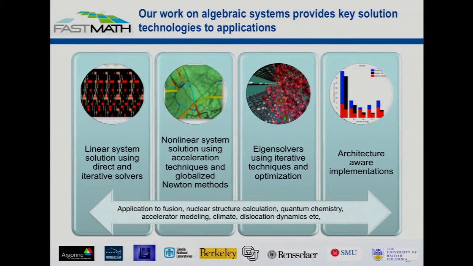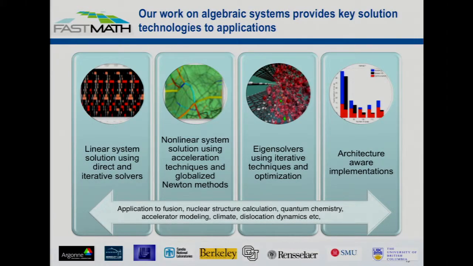For algebraic systems, this is probably the largest part of the FASTMath Center. We spend probably about half of our resources on the solution of algebraic systems because they are such an important part of almost every application that's out there. So again, we focus on linear, nonlinear, and eigensystem type systems for the most part.